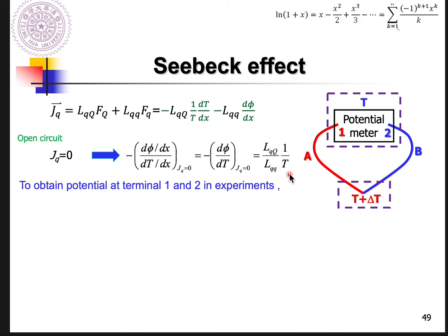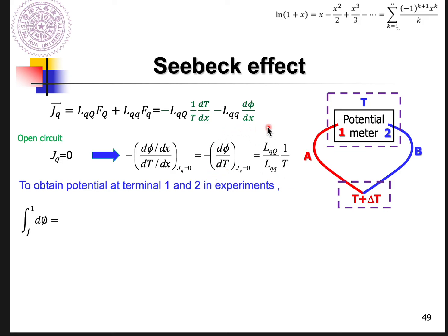Okay, so in order to get the potential measured at terminal 1 and terminal 2, we are going to use this equation. Just move the dT to the right-hand side and take the integral of both sides.